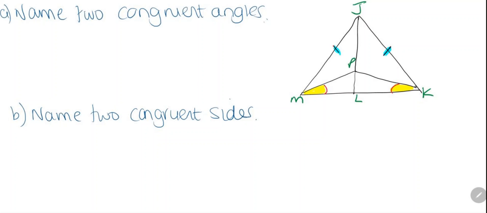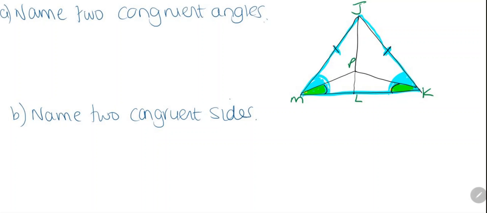So if we look at this triangle, which is JMK, we'll be able to see that we have two angles here.